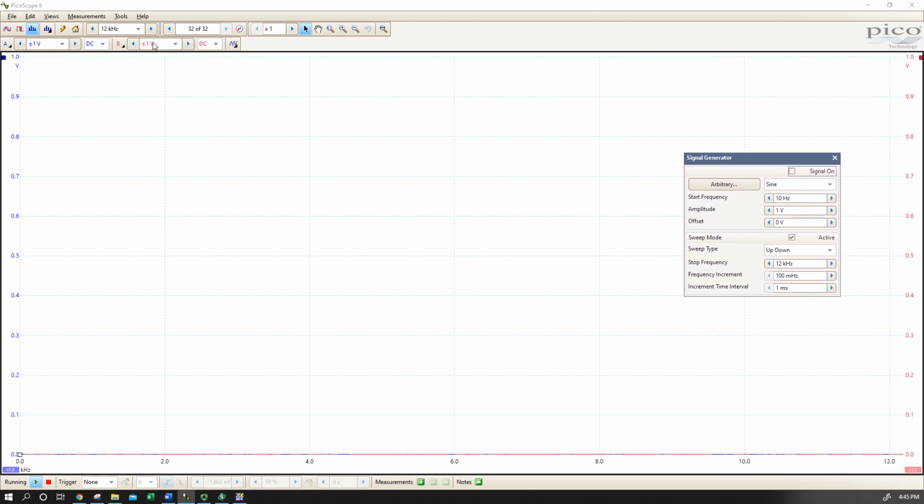I can just plot my total circuit voltage with channel A and my voltage drop over my load resistor with channel B. I'll make a note that I'm using a different combination of R1 and R load that suits the Picoscope's response better to show the signal response. But the trend in terms of being a higher pass filter with respect to the load, where it's positioned in the circuit, would be the same.